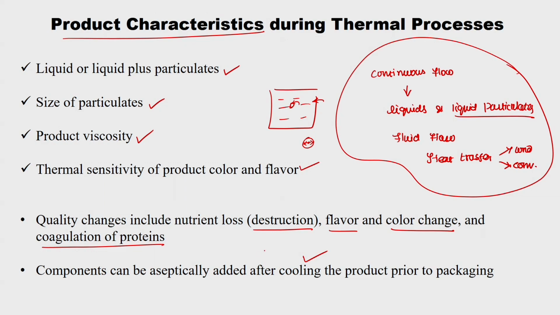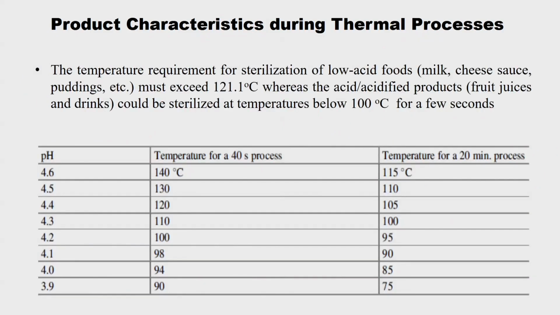This is also one of the ways to maintain the nutrient content in the final UHT processed product. The next one is the temperature requirement for sterilization of low acid foods, which must exceed 121.1 degrees, whereas acid or acidified products, fruit juices and drinks could be sterilized at temperatures below 100. This we have already seen in pasteurization.